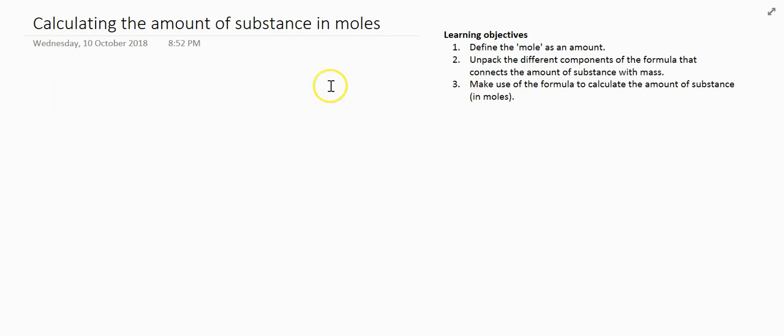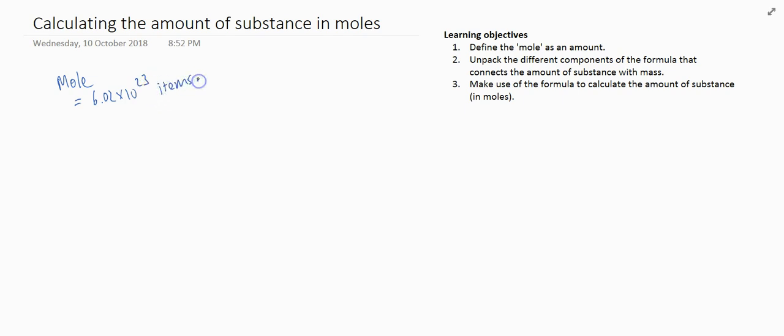But we're going to have a crack anyways, and I think it's important to give another definition for the mole. Now, this is not a contradicting definition to the mole as to what we've learned before. This is still true. So you would have learned before that a mole is 6.02 times 10 to the 23 items.